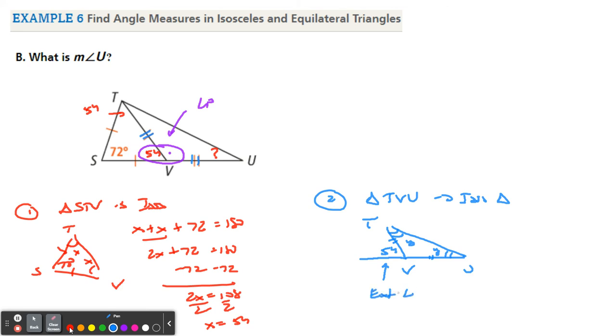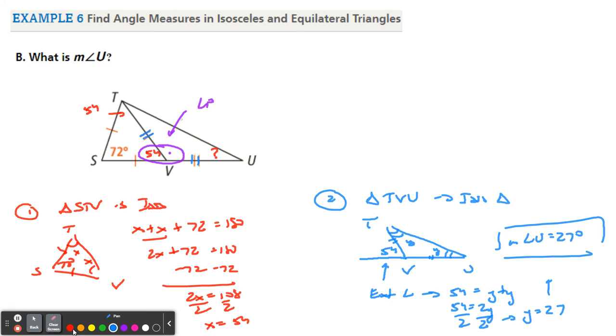We have this thing called the exterior angle theorem for triangles that says the measure of the exterior angle, 54, is equal to the sum of its two remote interior angles, which would be the Y and the Y. So it's a clever way of doing this. Okay? Y plus Y is 2Y, so 54 equals 2Y, and we'll divide by 2. And Y is 27. And that is the measure of angle U. The measure of angle U is 27 degrees.